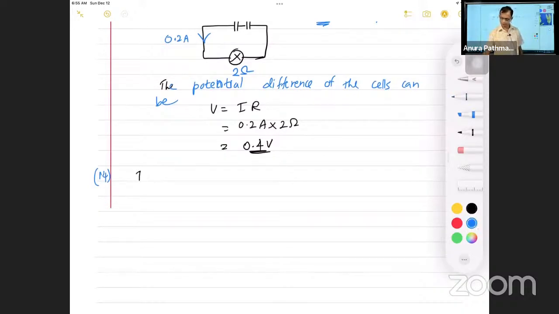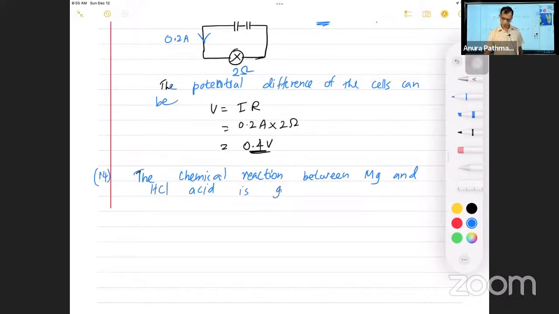Question number 14. The chemical reaction between magnesium and hydrochloric acid is given below.